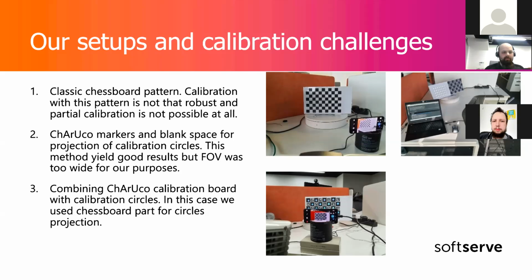For example, we cannot do partial calibration, so the whole chessboard pattern should be visible to calibrate the camera. And we noticed that the light should be uniform, so as little ambient light as possible, because when some part of the board is blown out, the calibration suffers very much.